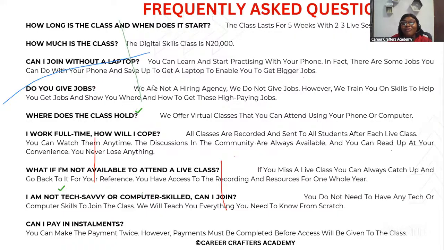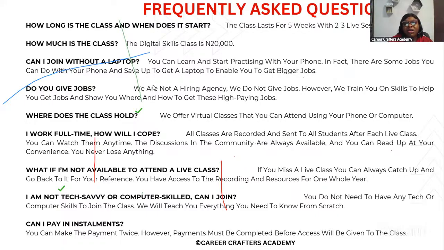Like the people in the February class, we had to increase theirs to 6 weeks. So it's between 5 to 6 weeks. And we do classes 2 to 3 times every week. Our classes are in the evening, I think 7 p.m. West African time, depending on how our teachers are and how we want it to go.